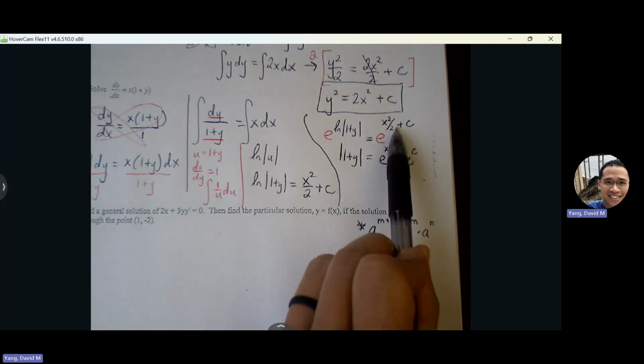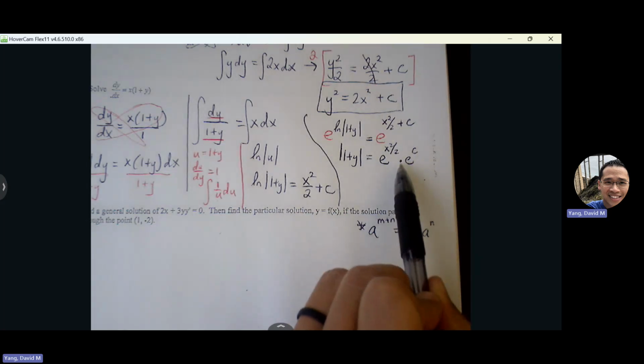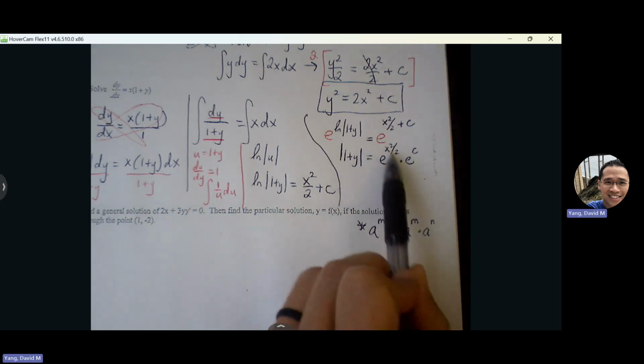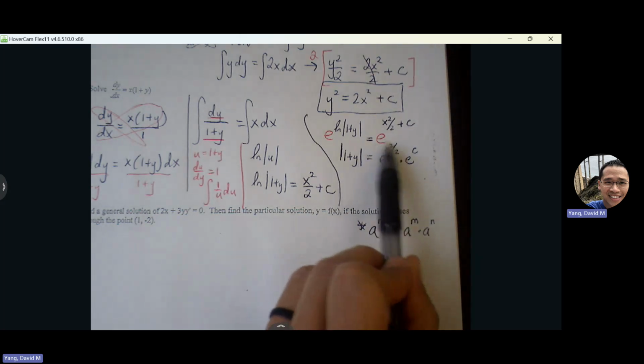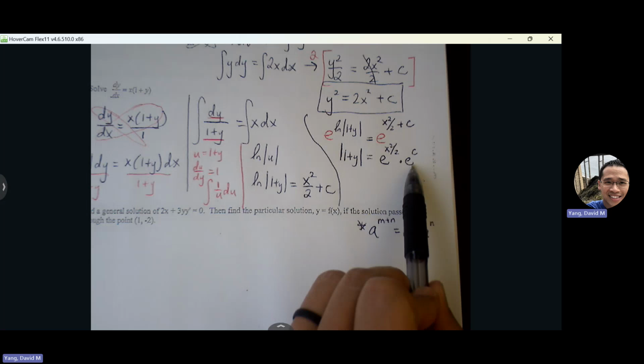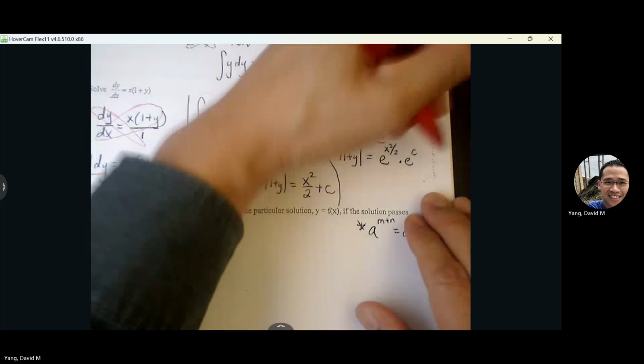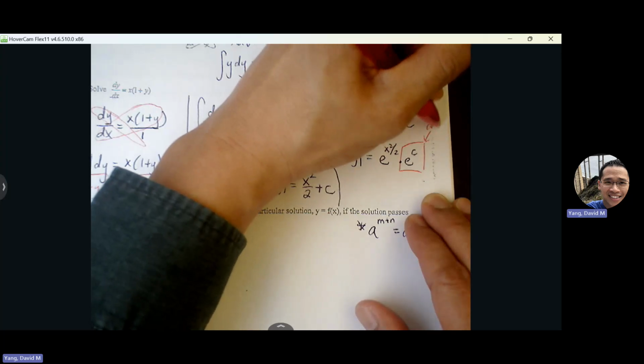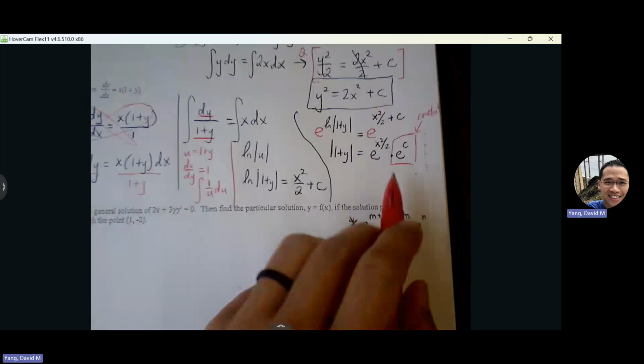And that plus in the exponent is going to turn into a multiplication at the base level. Now, e to the x squared over 2 is a variable expression, but what's e to the c? E to the c is just a constant, right? We know a constant can just be represented as a c.